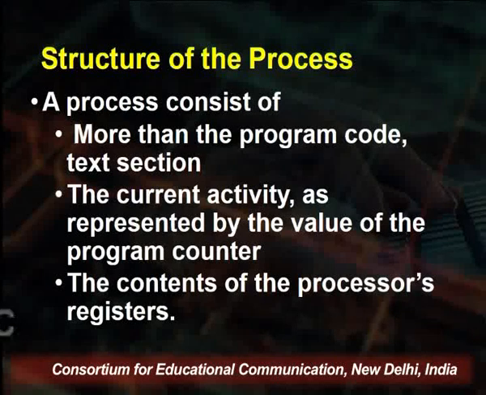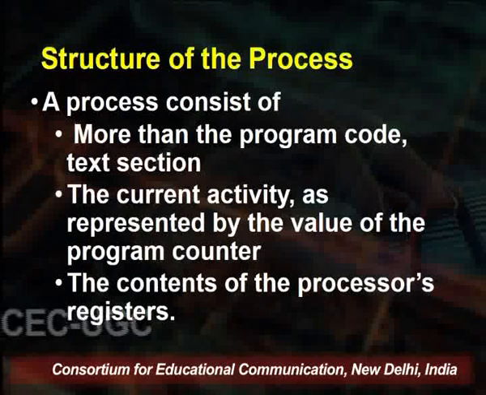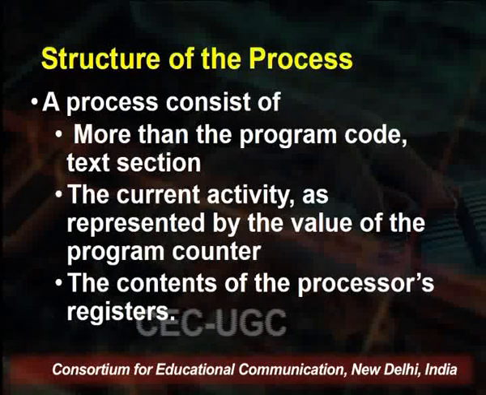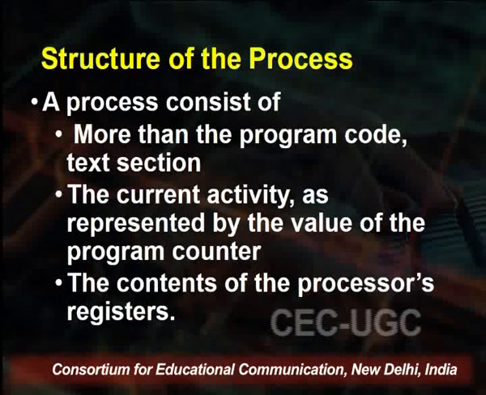Apart from that, it also has the contents of the processor's registers. The CPU has some specific registers in which some values or data are stored, so the contents of the processor's registers are also part of the process.